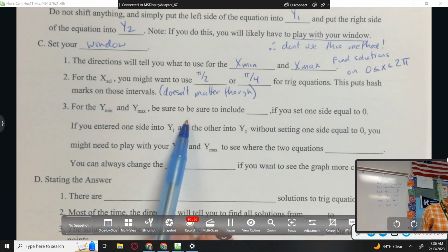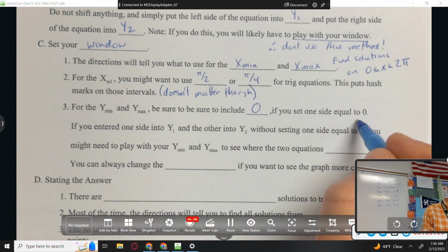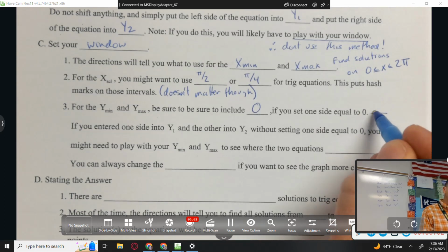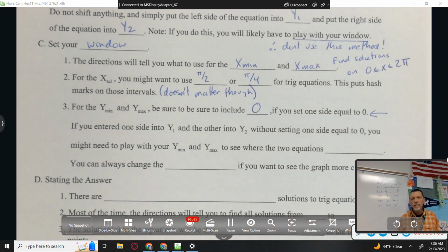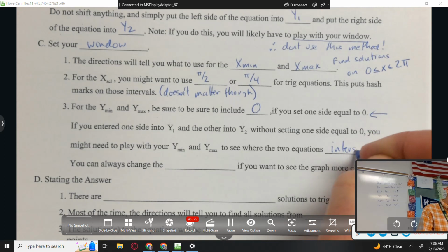For y min and y max, just make sure to include 0 if you set one side equal to 0, which is how we're going to do it. So you're looking for where it's 0 rather than looking for where the two equations intersect. If you entered one side into y1, the other side into y2, without setting it equal to 0, you usually have to play with your y min and y max to see where the two equations intersect.